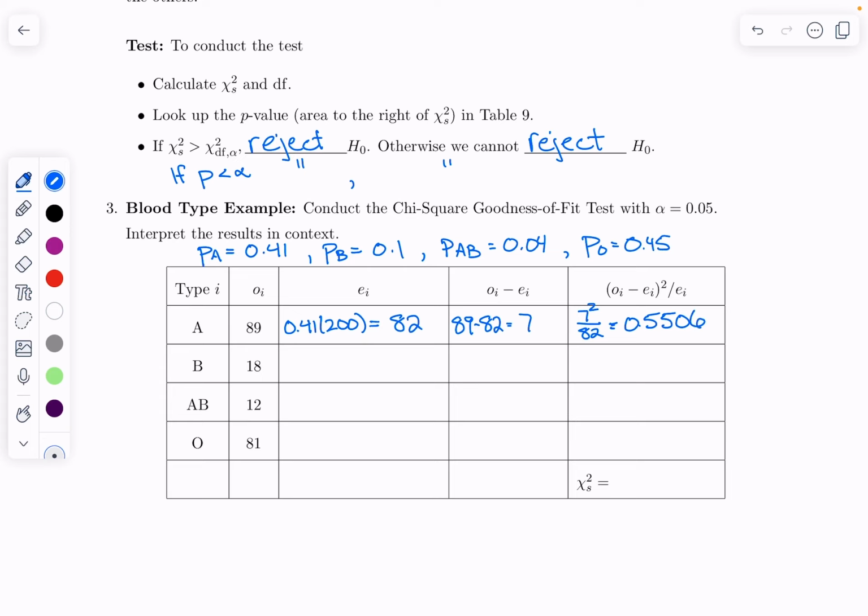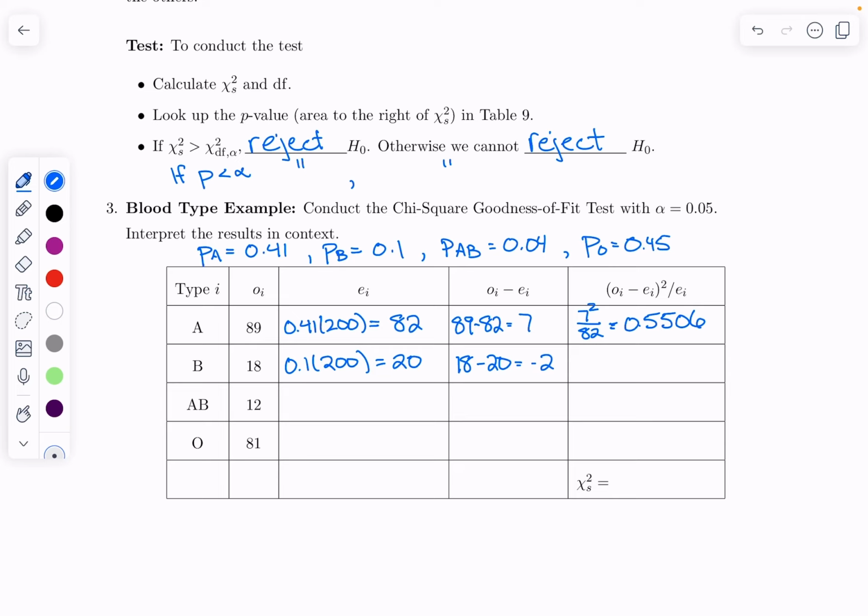Okay, so for B, we have observed of 18. Expected was supposed to be 10% of the 200, which is going to be 20. So observed of 18 minus expected is going to be -2.